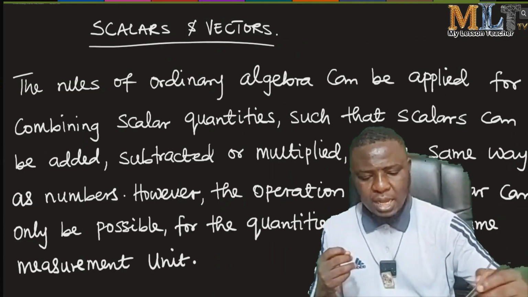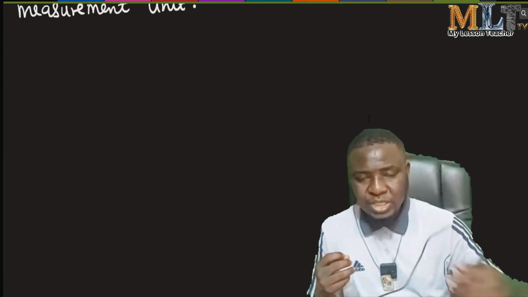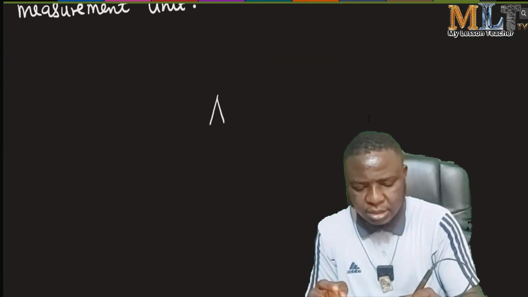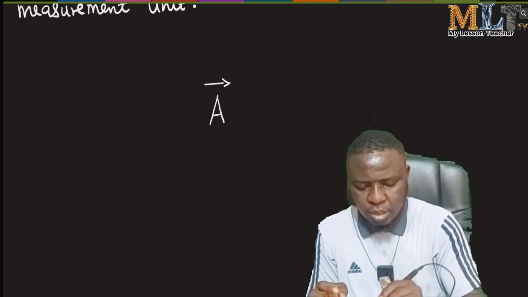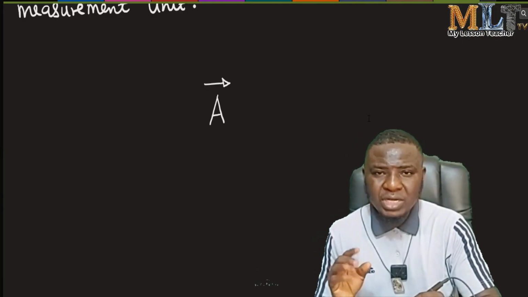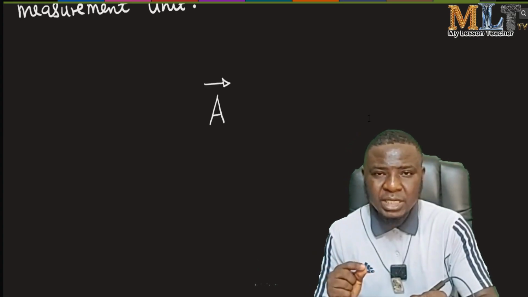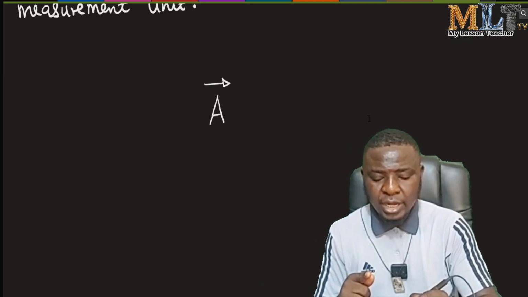Vector quantities are mostly written in capital letters with an arrow. So you'll see something like this, where the beginning is said to be the tail, and the end is said to be the head. Okay?